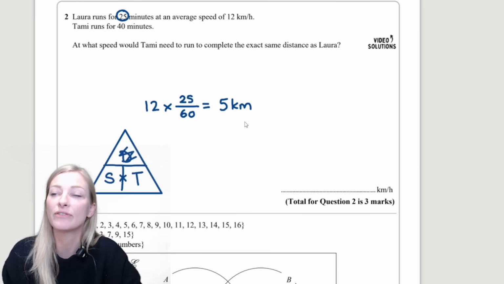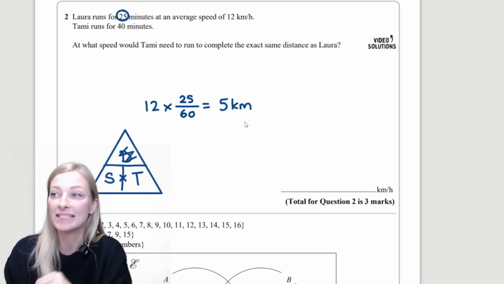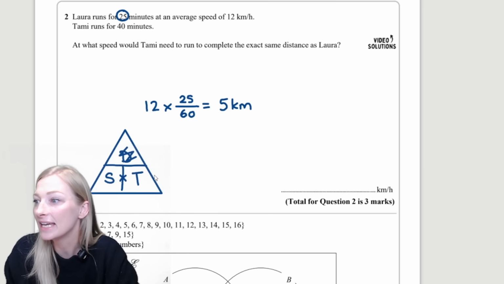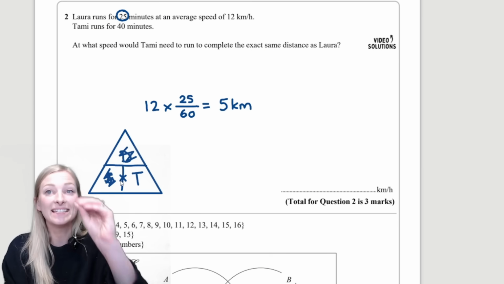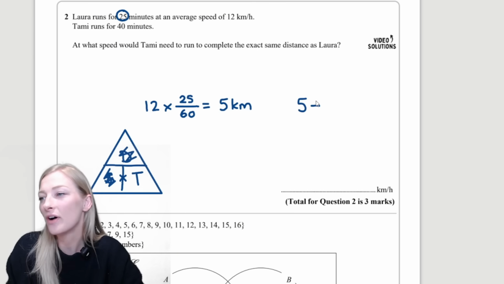Now, Tammy is running for 40 minutes and we want her to cover the exact same distance. So we also want her to run 5 kilometers, but she's doing it in 40 minutes. So now, this time, we're covering up the speed. And what we're left with then is distance divided by time. So for Tammy, we're doing the distance, 5, divided by the time.